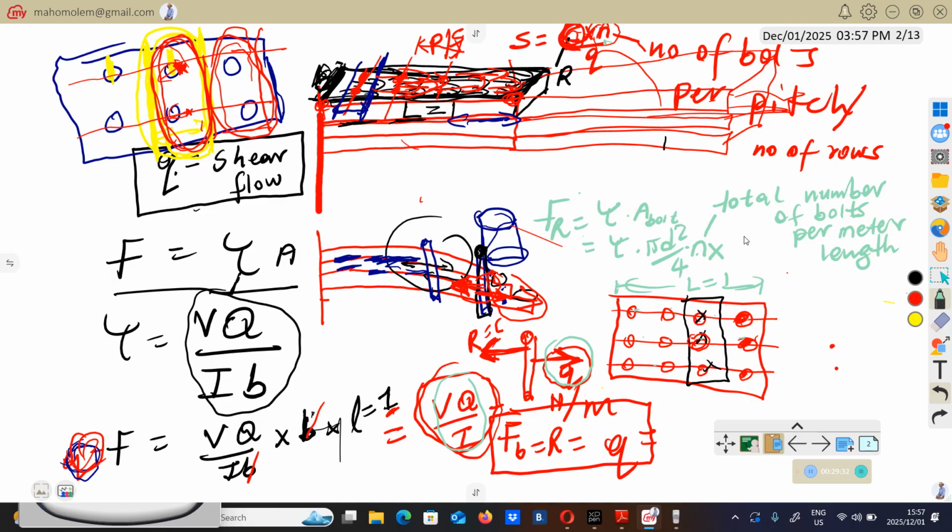We can use maybe the symbol C. Then this C, we are going to have C equals to 1 if we have the single shear, and C equals to 2 if you have a double shear.